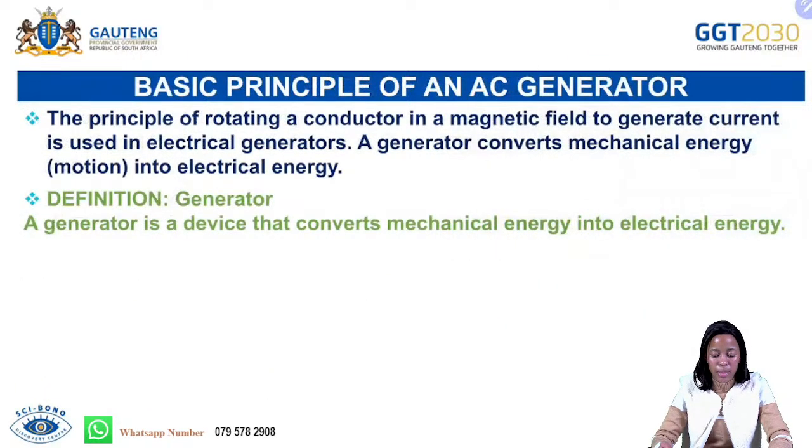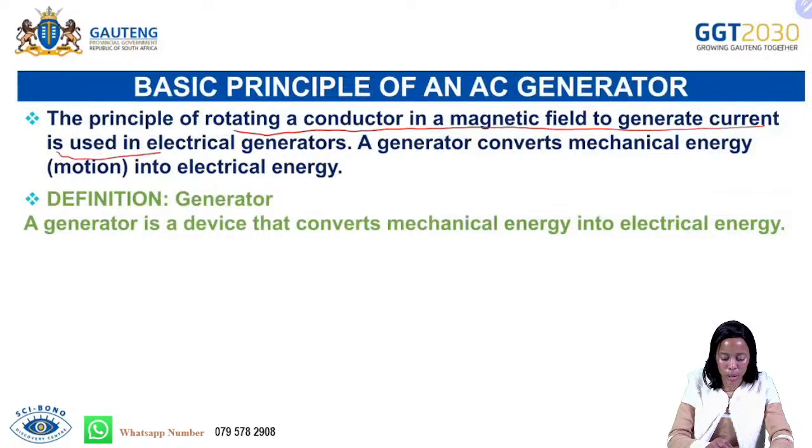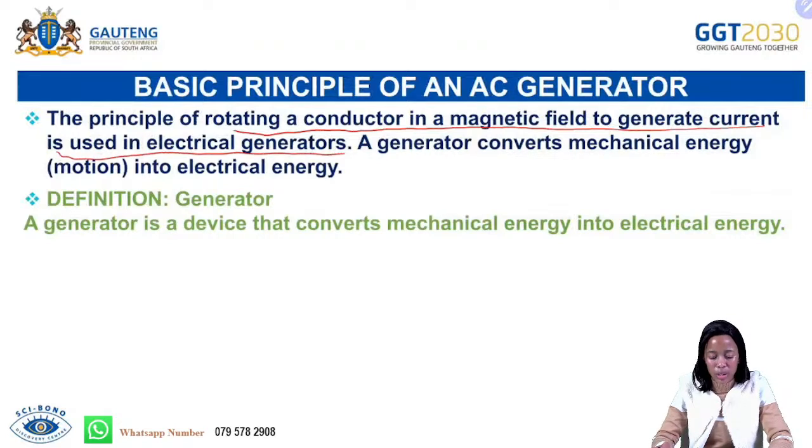Okay, then we have the basic principle of an AC generator. It says the principle of rotating a conductor in a magnetic field to generate current is used in electrical generators. A generator converts mechanical energy, that is motion, into electrical energy.